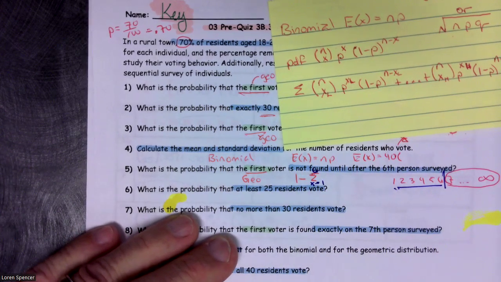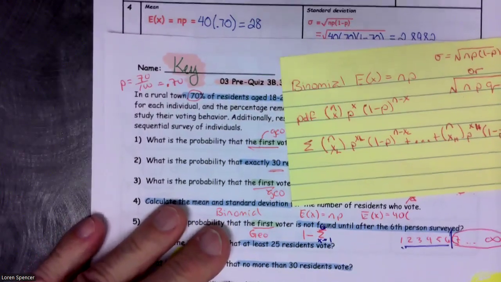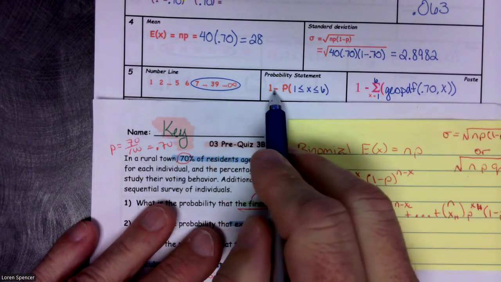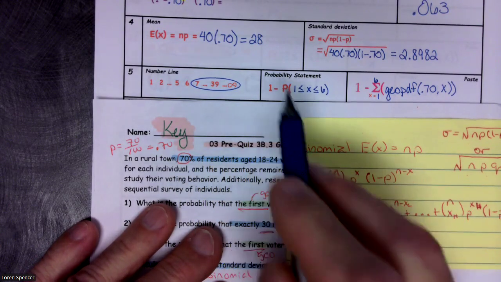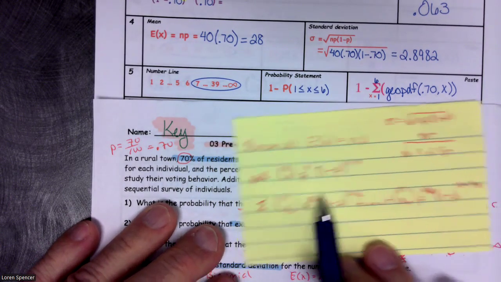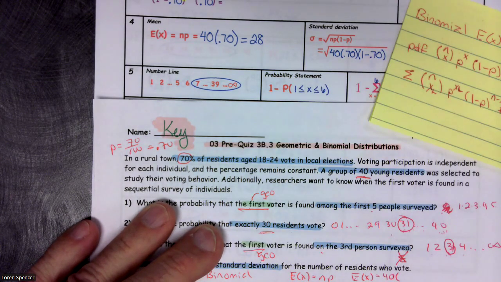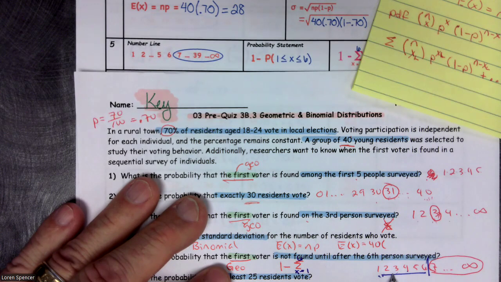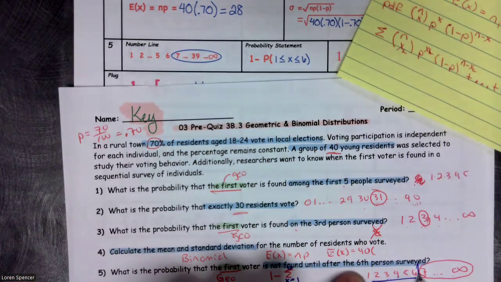All right? So let's see what we have here on our answer sheet. Sure enough, 7 to infinity, 1 minus the probability of, well, why did we do that? Well, because we wanted to subtract out what we didn't want. What don't we want? 1 to 6, our lowest and our highest. We're subtracting this part out, so we're left with this.